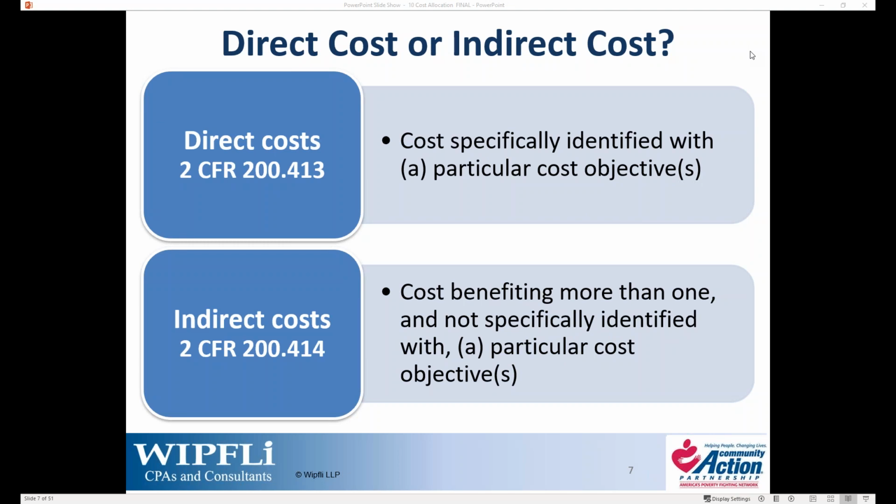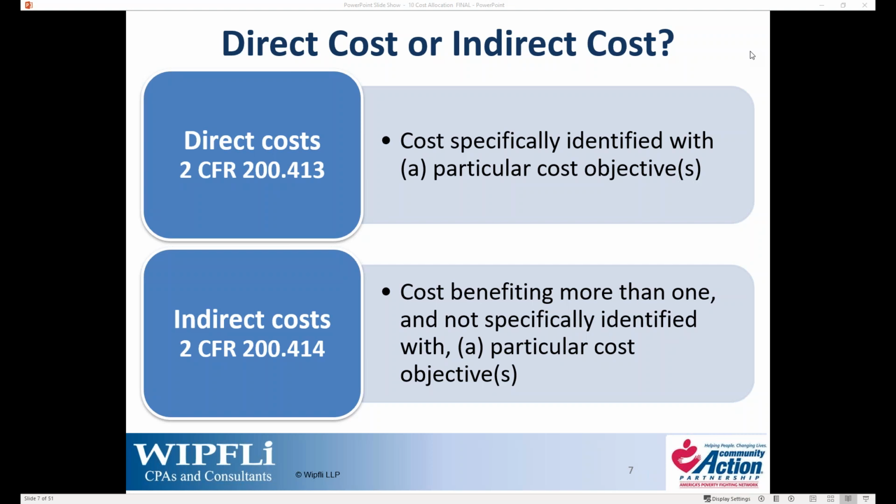So is a cost direct or is it indirect? Direct costs, as defined in 2 CFR Part 200, Section 413. Now, 2 CFR Part 200 is the uniform guidance that all non-federal entities that expend federal funds must adhere to.